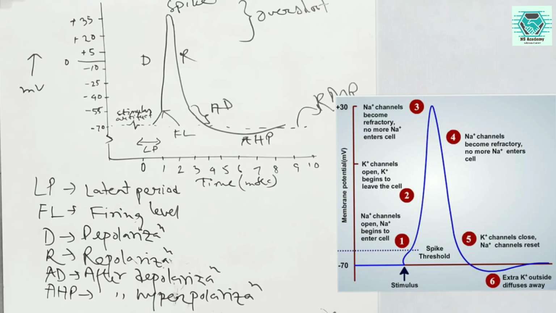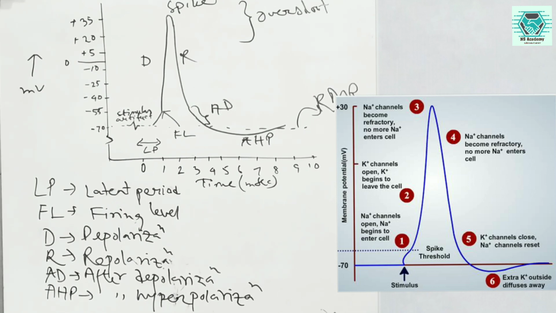So this is the basic action potential graph, and after giving the stimulation there is generation of action potential. So all of you just practice the diagram and also the phases of this curve.